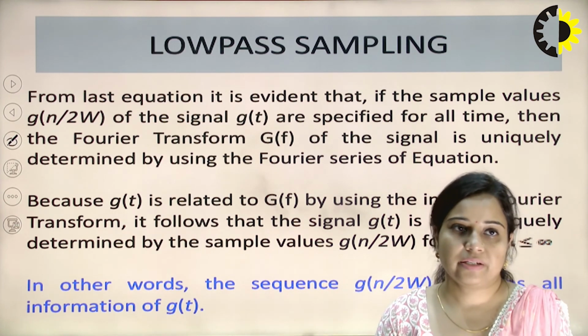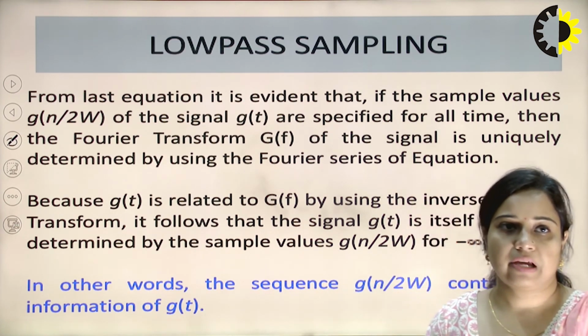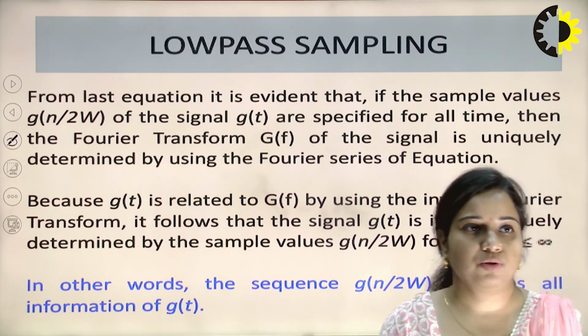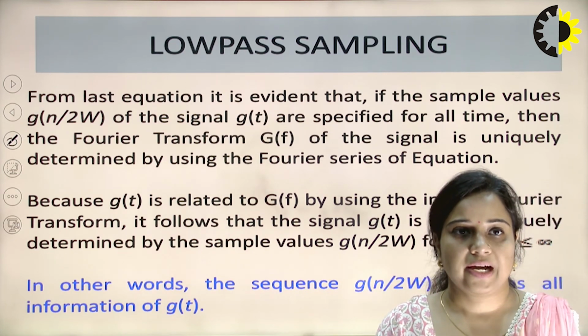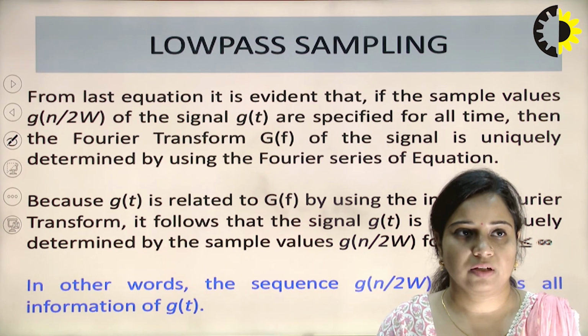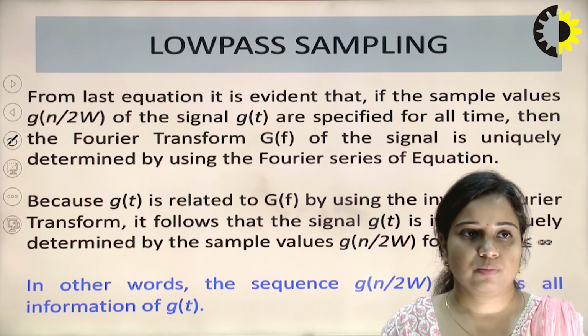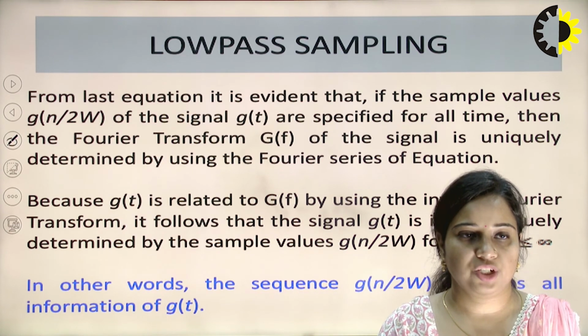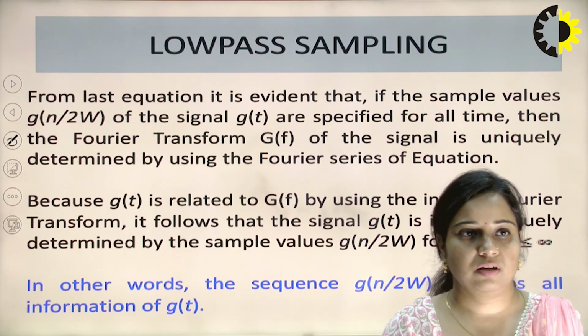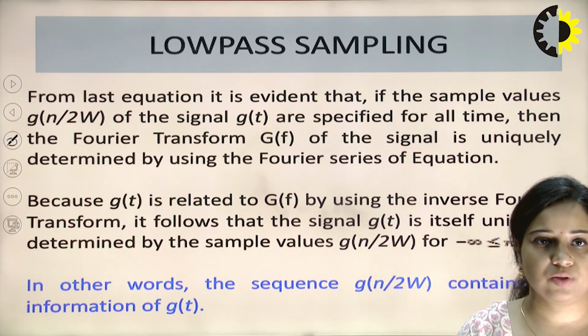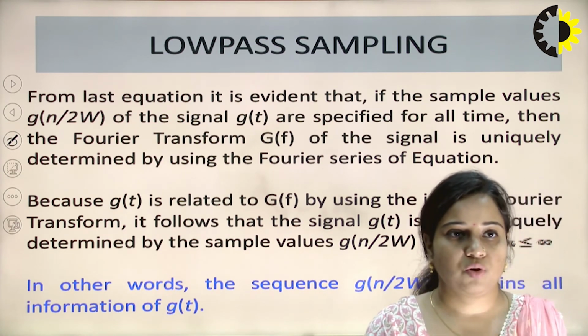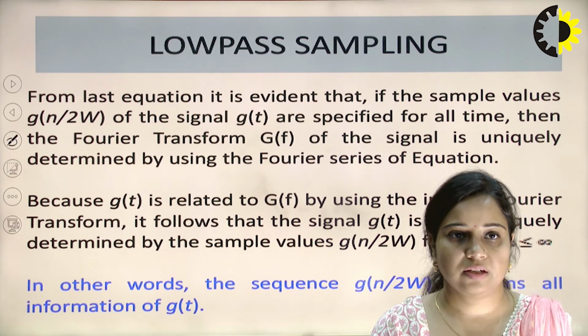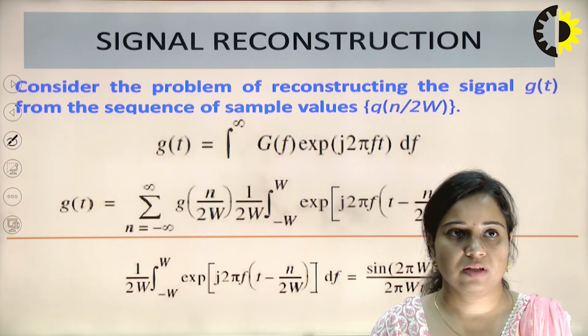So, from the last equation, it is evident that if the sample values g of n upon 2W of the signal g(t) are specified for all time, then the Fourier transform of the signal is uniquely determined by using the Fourier series equation. Because g(t) is the time domain version of G(f), by using the inverse Fourier transform, it follows that the signal g(t) is denoted by this equation.